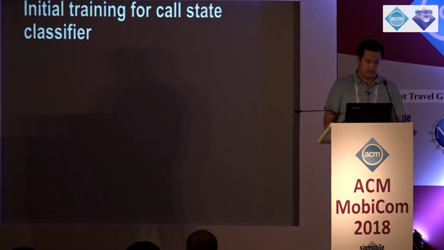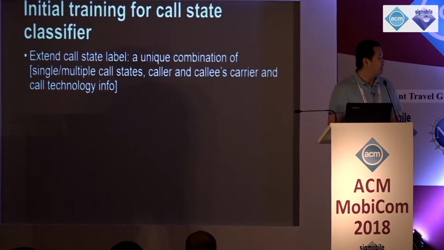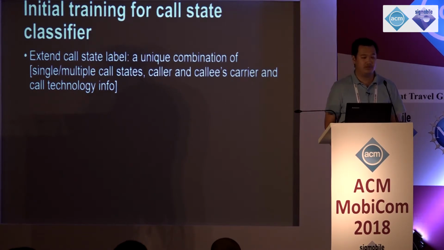To solve these two challenges, CEIVE is equipped with special designs in the call state classifier and the spoof verifier modules. In the initial training stage for the call state classifier, we extend the call state label to a unique combination of not a single state, but single or multiple call states, also including the caller and callee carrier and the call technology information.